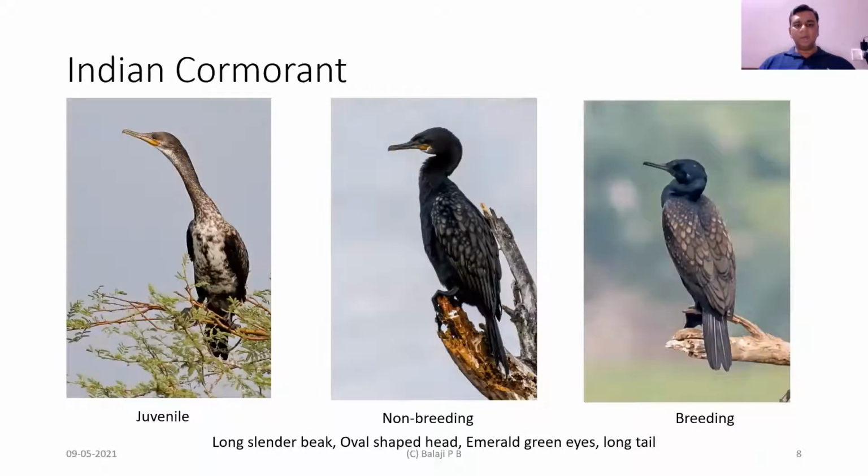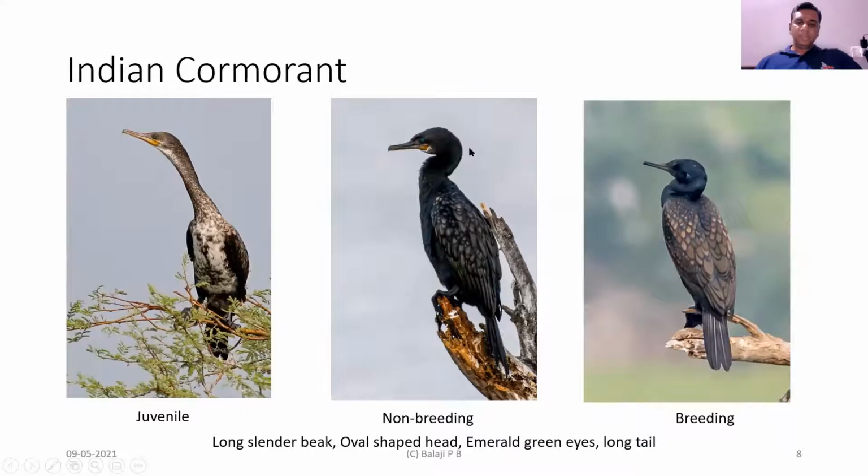Now coming to the Indian cormorant, again we have the juvenile, non-breeding and breeding plumage listed. In the breeding plumage, it's almost entirely black, except for some plumes on the head, which you can see over here.